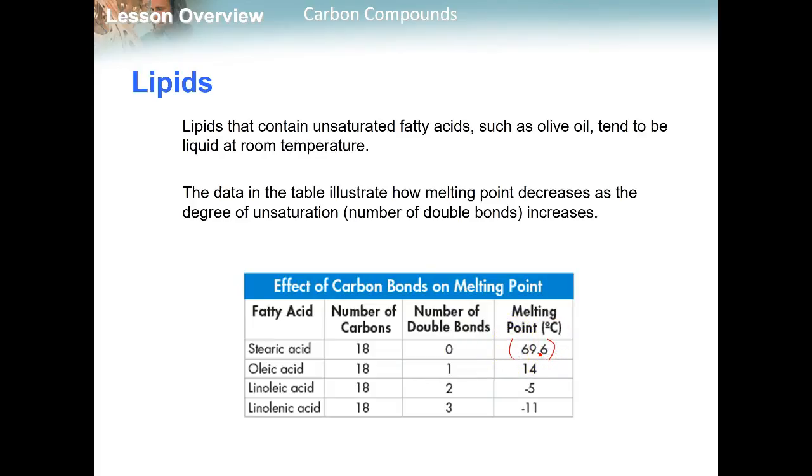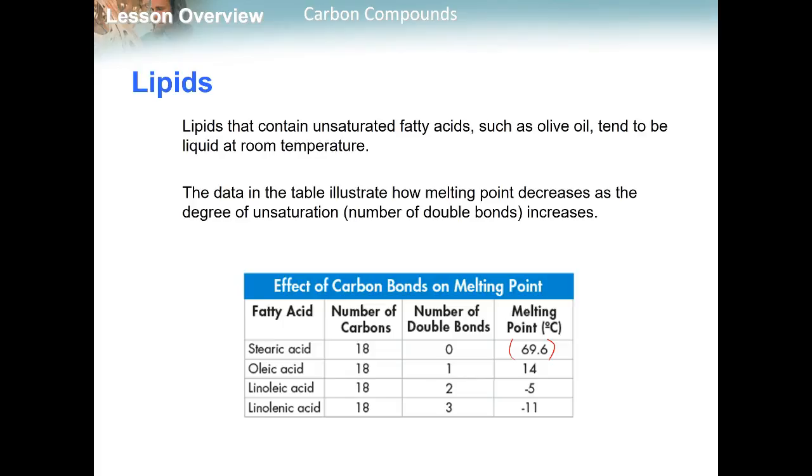It's huge: 69.6 degrees Celsius. If you're not comfortable with Celsius, 23 degrees Celsius is room temperature, so 72 degrees. 37 degrees Celsius is body temperature, 98.6, okay? So 69.6 degrees is hot before it melts.